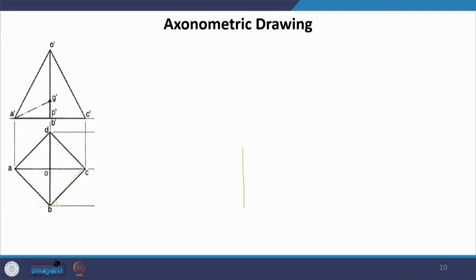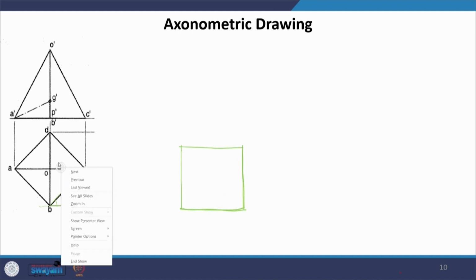90, another 90, 90 and 90. This is what we will see of this square if it is inclined at an angle of 45 degrees, and I am assuming this is 45 degrees. So, we will get a square, the same square.